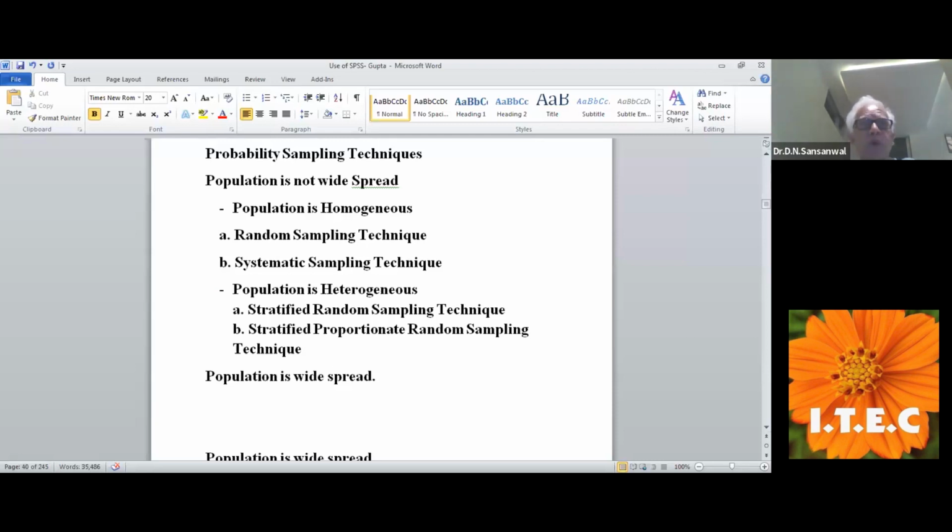So Kanpur is not widespread, whole of UP is widespread. If you take UP and you take whole of India, then whole of India will be the widespread and UP will not be the widespread. So which one is widespread and which one is not? It is relative. So you have to decide in the context.